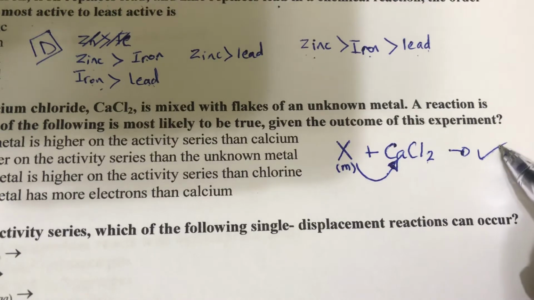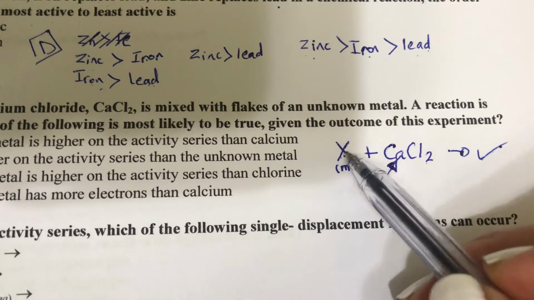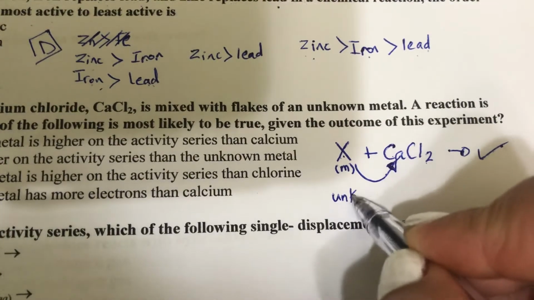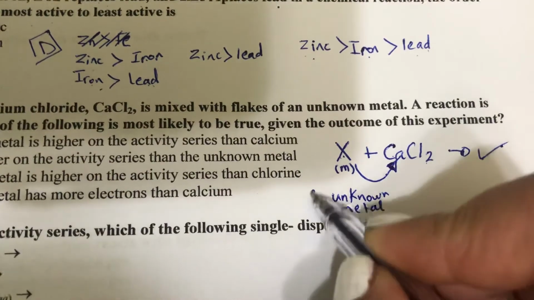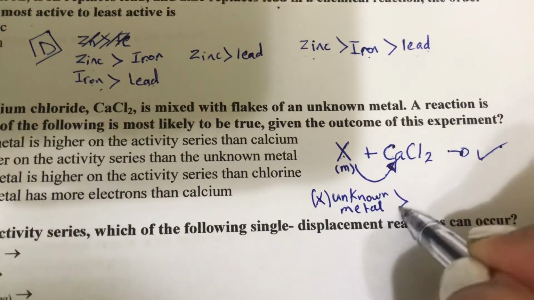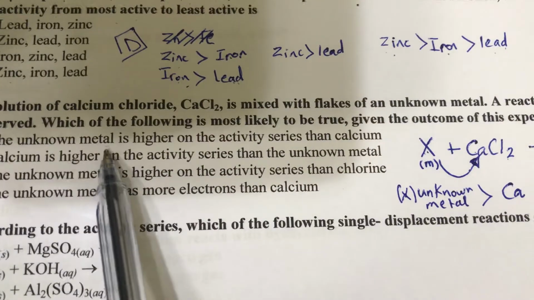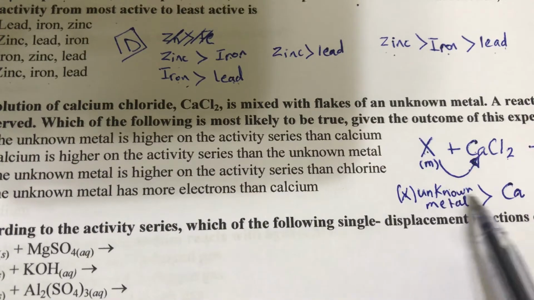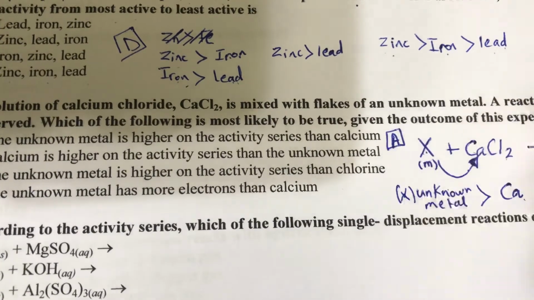So because a reaction occurs, you can observe that X, the unknown metal, is more reactive than calcium. So here the unknown metal is higher on the activity series than calcium. The unknown metal higher than calcium, yes. So the correct answer is A.